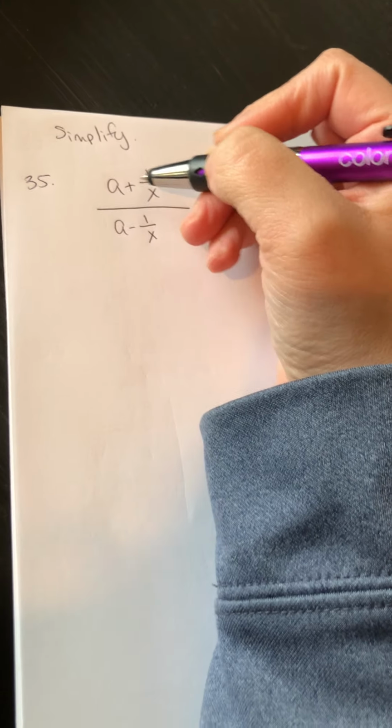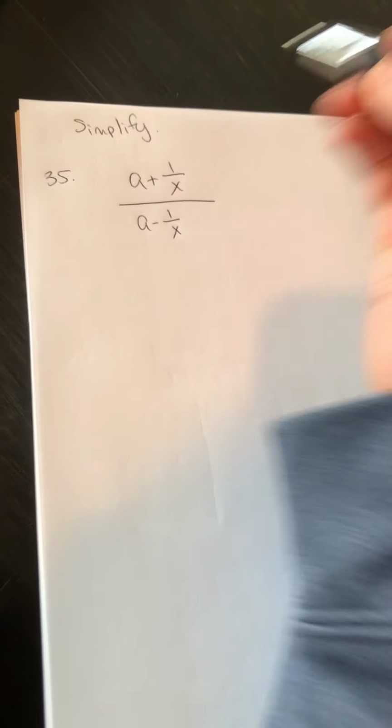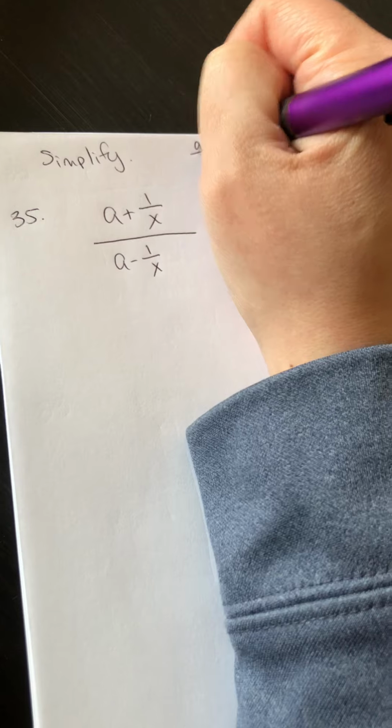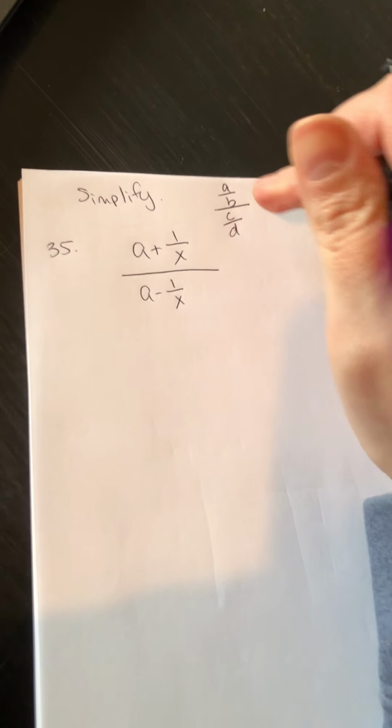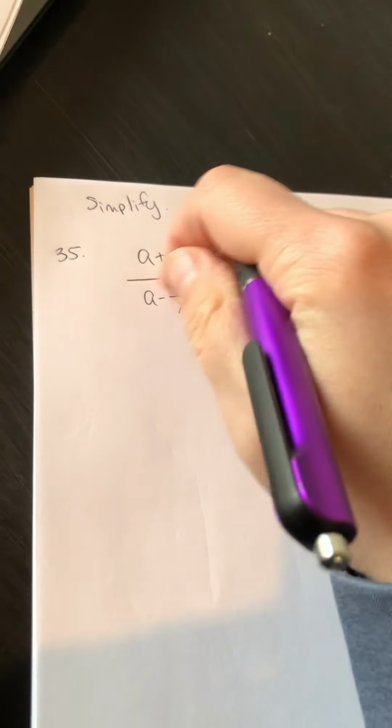What you want to do is write it as a fraction over a fraction, not a plus and minus thing. We get the common denominator in the numerator and in the denominator. The common denominator here is x, so I multiply a by x over x.